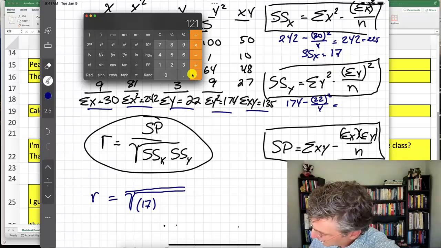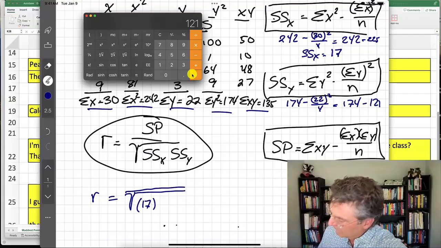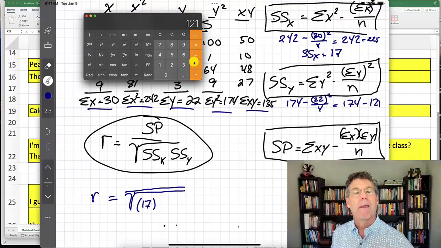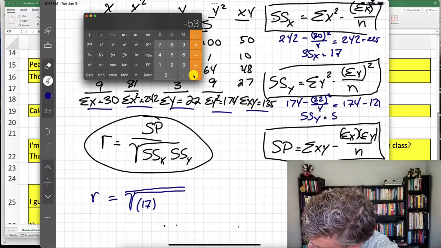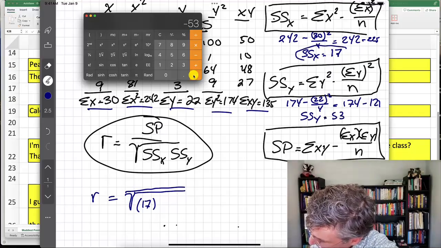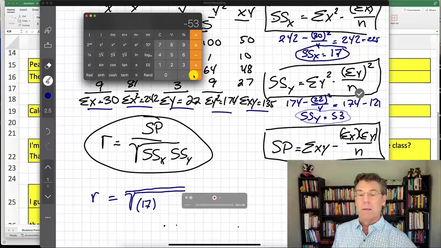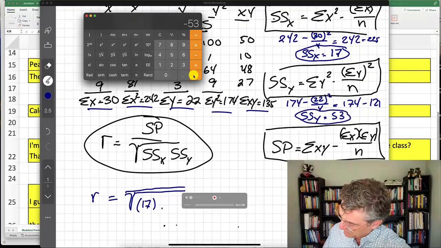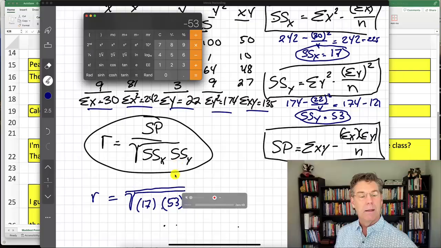So this will be 174 minus 121. Gives me 53. Let's circle these just so they're a little more obvious. Okay. So now I know that this is going to be 53 down here in the bottom of my correlation calculation.